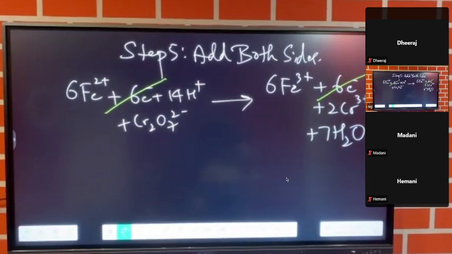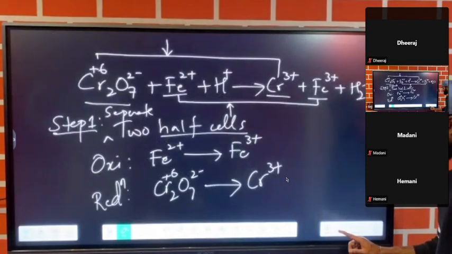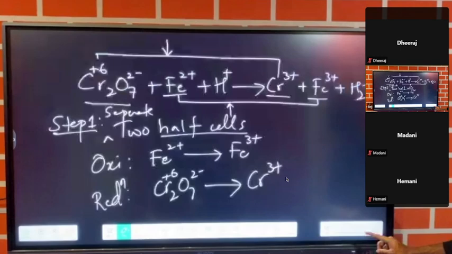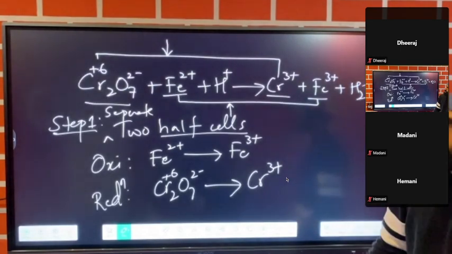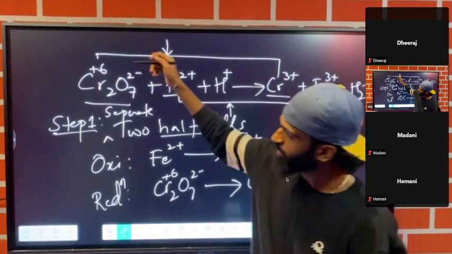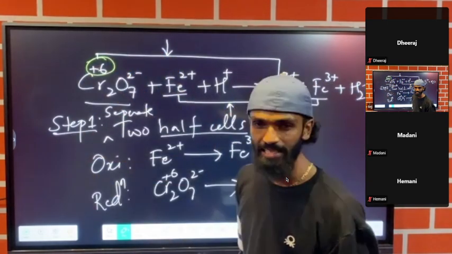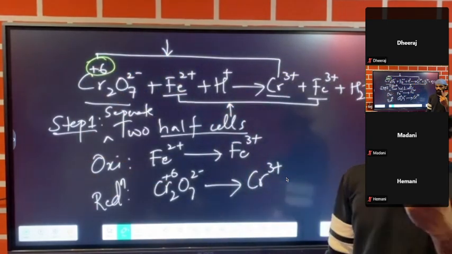Remember this. Fine. So basically, we start off from step number 1. Yeah, it's called the oxidation number method. Focus. So first, we find the oxidation number for whatever is required. I send the recording on the group anyways, but I'm just trying to explain it again.